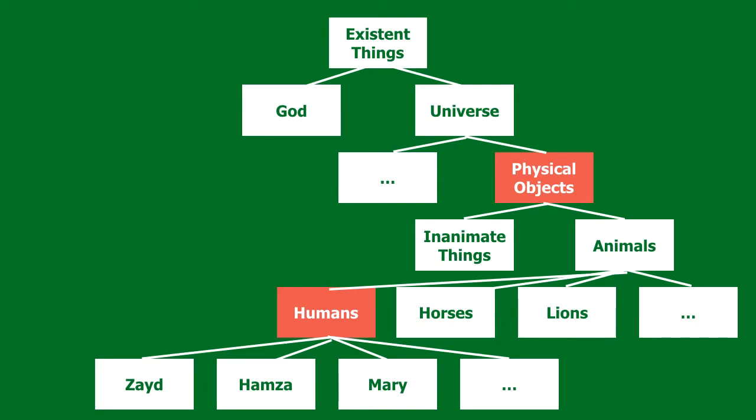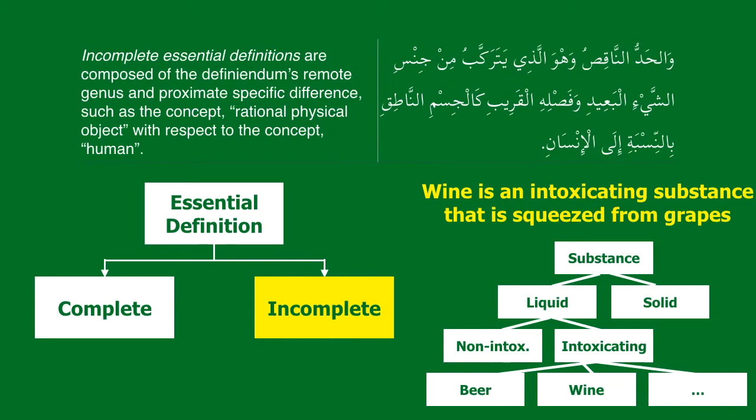By composing the definition with a remote genus instead of the proximate genus, you leave out some of the essential characteristics of human beings. But it's still good enough. It enables you to comply with the divine command. It's a physical object that is rational. The only kind of physical object that is rational is a human being. No other physical object is rational. So it's composed of the remote genus and the proximate specific difference.